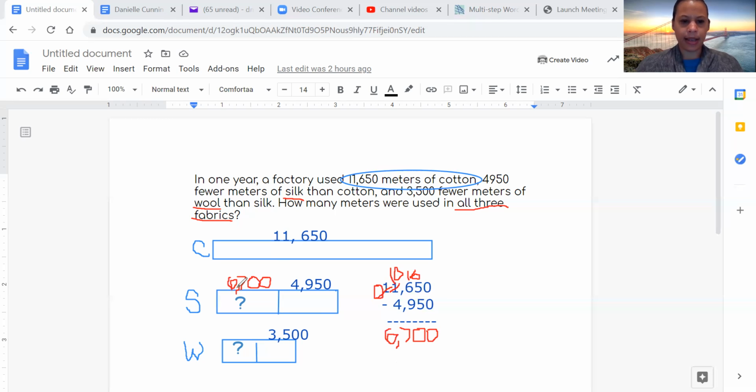Okay, so then the next, based on that 6,700, we know that 3,500, we need to subtract that from the silk and the wool.